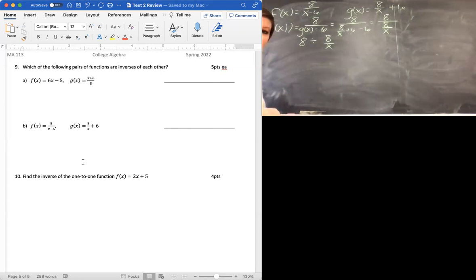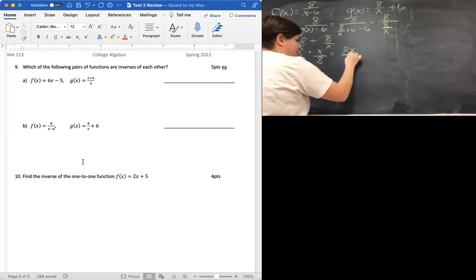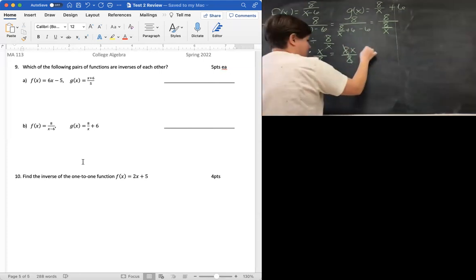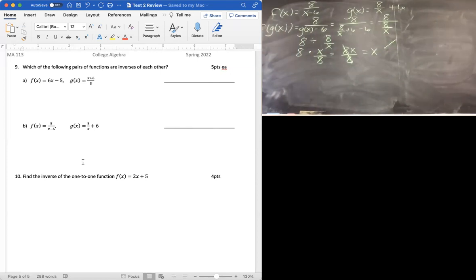Well, when you divide by a fraction, what you really are doing is multiplying and you flip the second fraction. So instead of dividing by 8 over x, I'm multiplying by x over 8, which gives me 8x over 8. The 8's go away, which gives me x. Hey, that's what I wanted. So that's a good start.